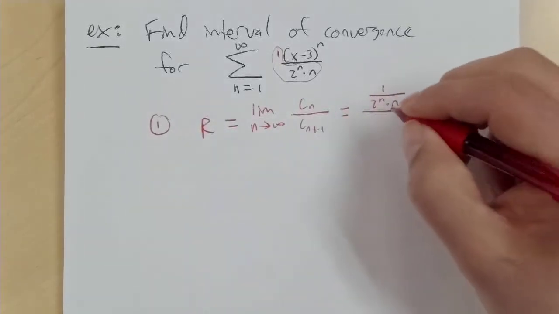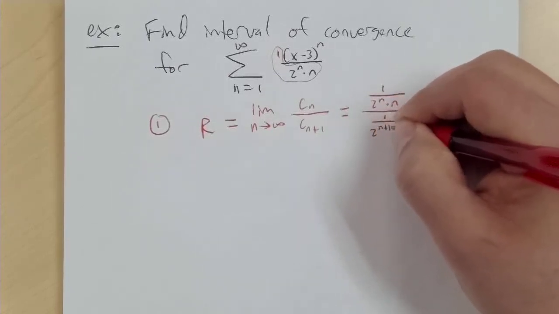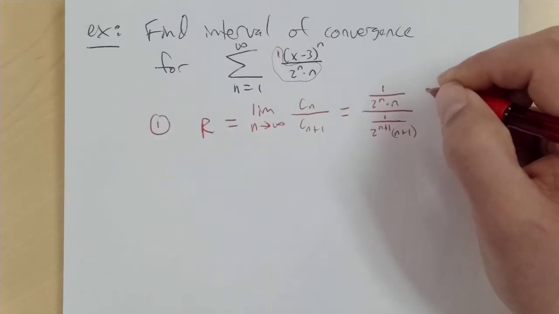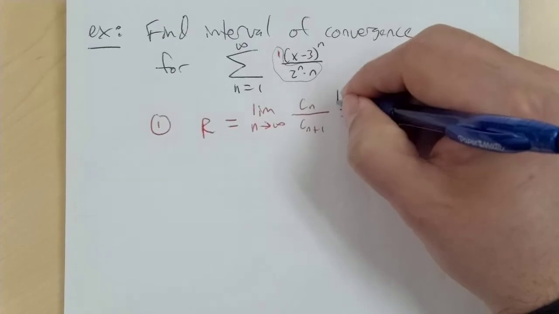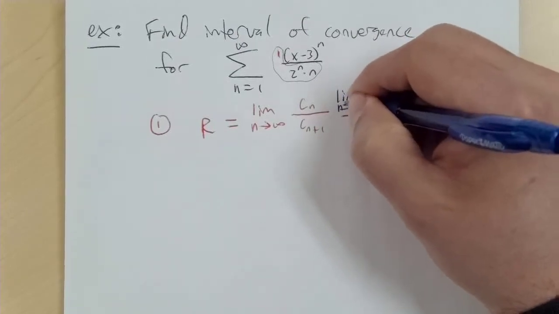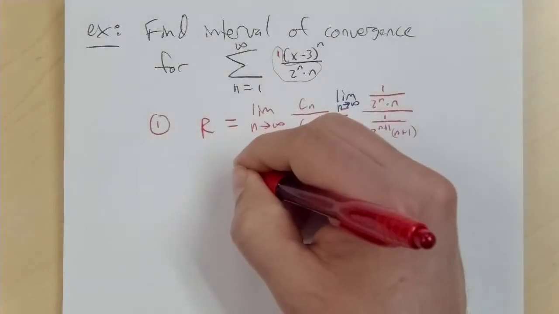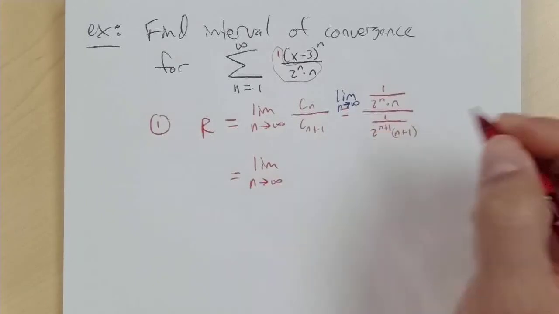C sub n plus 1 would be the same thing, just replace n with n plus 1. Oh, and I'm sorry, I forgot to write down, we're still taking the limit as n approaches infinity of this, okay? And so I'm just going to simplify and see where that takes us.